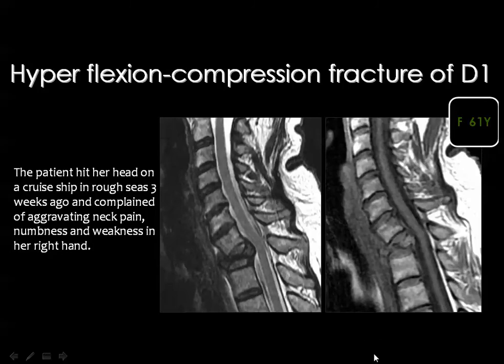And this is a hyperflexion injury with compression fracture of the first dorsal vertebra. And you can see there is a subtotal compression collapse of the vertebral body, which is posteriorly subluxated, encroaching on the spinal canal. And this is T2 and this is T1 weighted image.